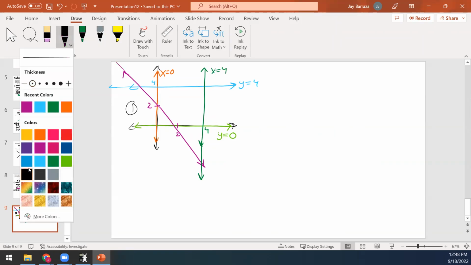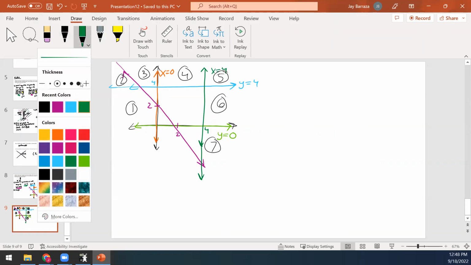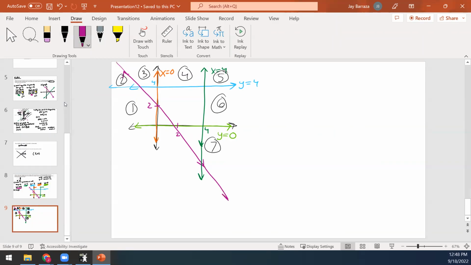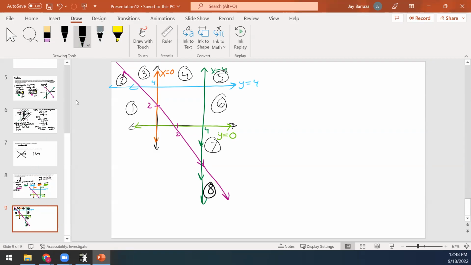Make this black. 2, 3, 4, 5, 6, 7. I mean, technically speaking, I can just keep drawing it. 8, 9, and 10, and 11. That's how many different regions you could have.